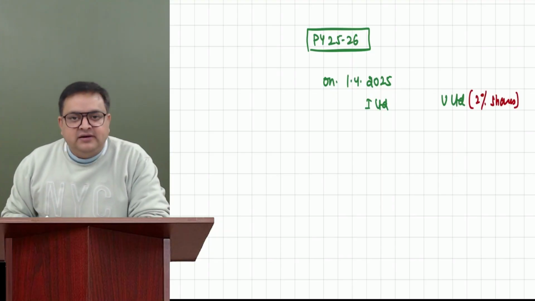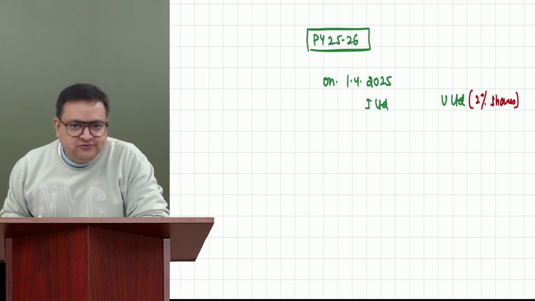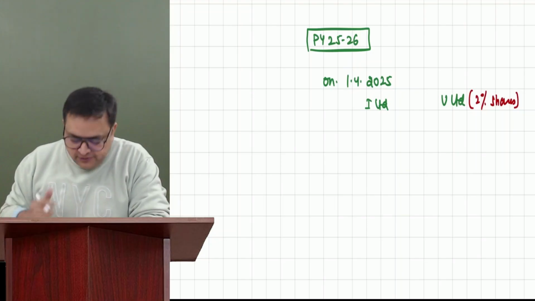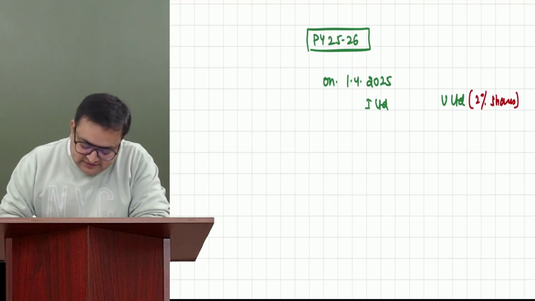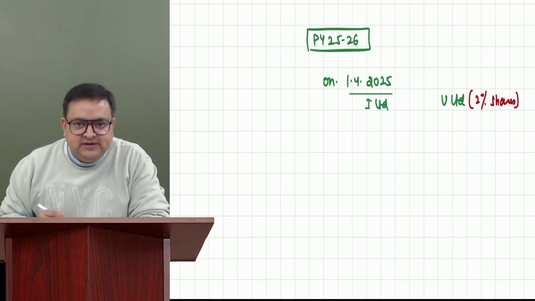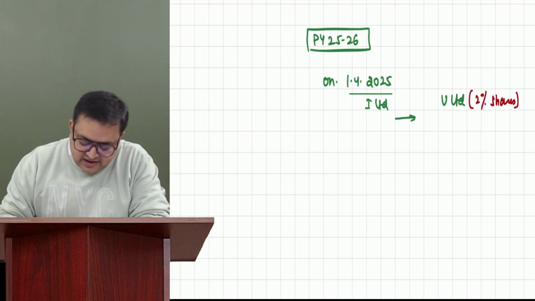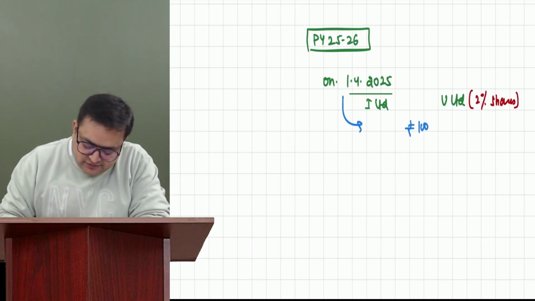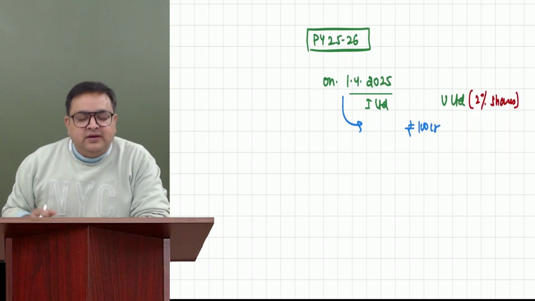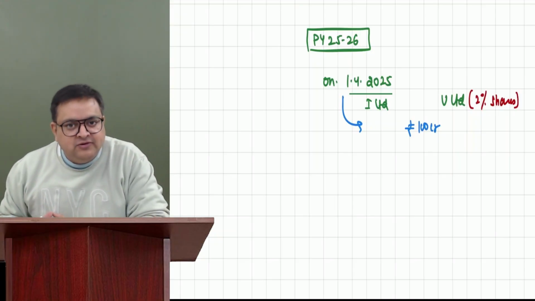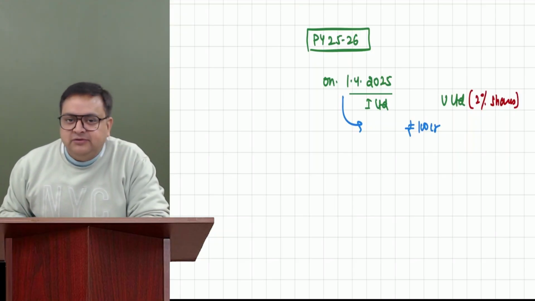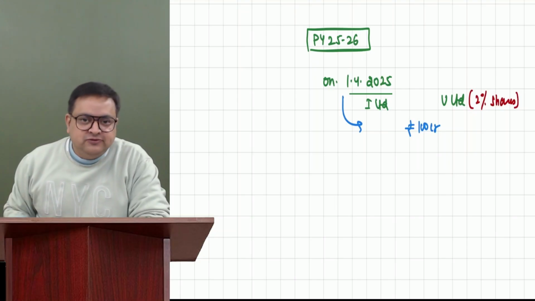Are they associated? The answer is no, they are holding just 2%. Let's say on this date, 1/4/2025, there is some international transaction of, let's say, rupees 100 crores between these two. Guys, will you apply transfer pricing provisions on this? The answer is no, you will not apply transfer pricing provisions. Why? Because they are not associated.